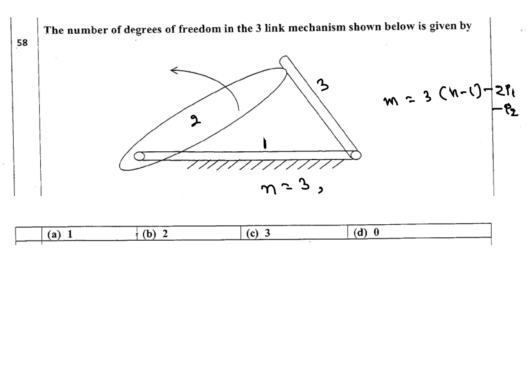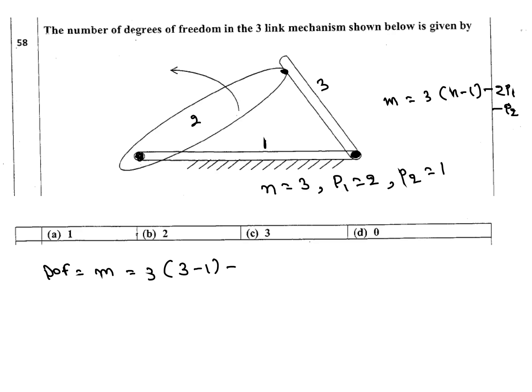P1 equal to 2, P2. Here this is higher pair. So P2 is 1. So degree of freedom or mobility m equal to 3 into n, which is 3 minus 1, 2 into P1 lower pairs, 2, minus 1 higher pair P2.